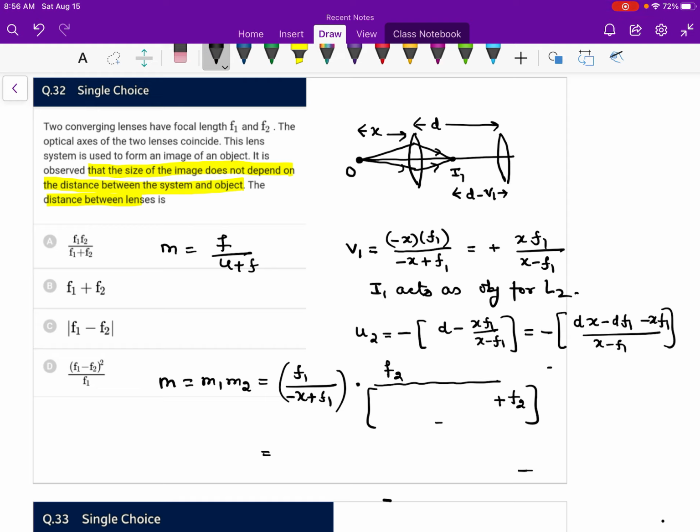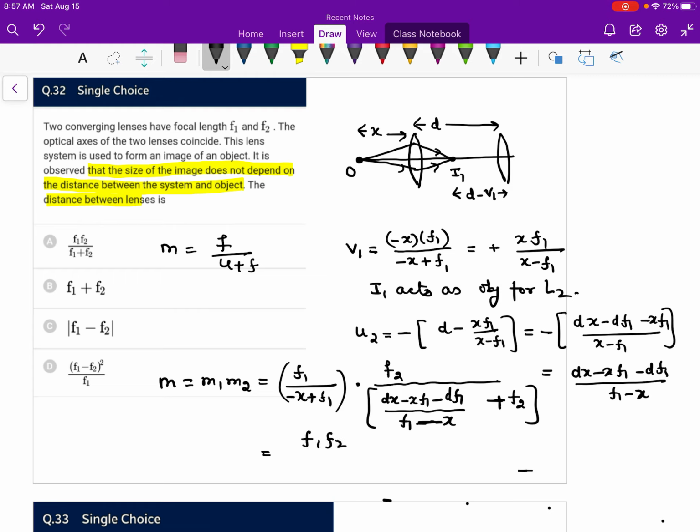This u2 is minus dx plus df1 plus xf1 upon f1 minus x, rather, let's absorb this as dx minus xf1 minus df1 upon f1 minus x. So u2 is dx minus xf1 minus df1 upon f1 minus x. This is u2 plus f2.